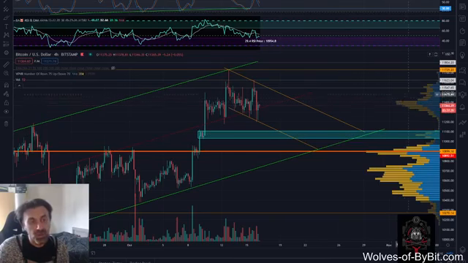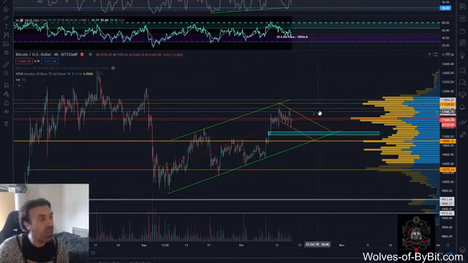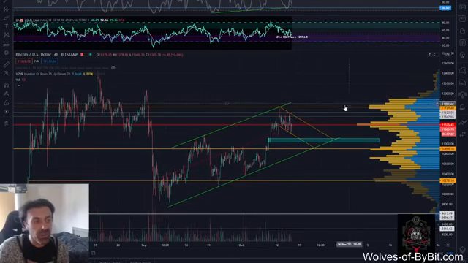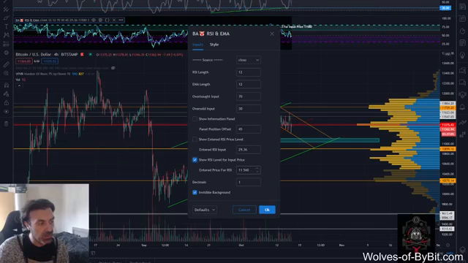And then of course, once we start breaking out, we will have our next area of resistance, probably sitting here at 11,730, 11,750. You know what? Let's have it here on 11,730, and let's have a look at what RSI levels we would start seeing once we reach this number. So 730.